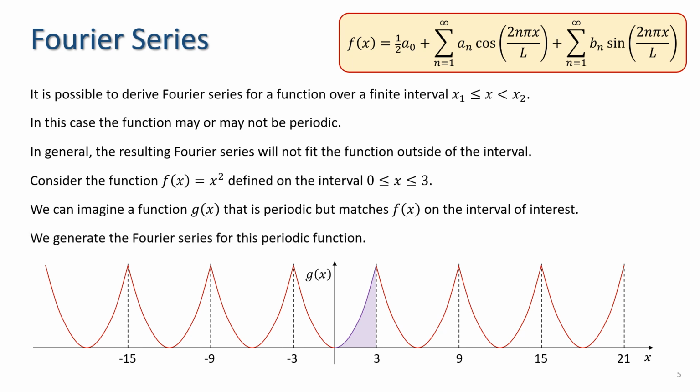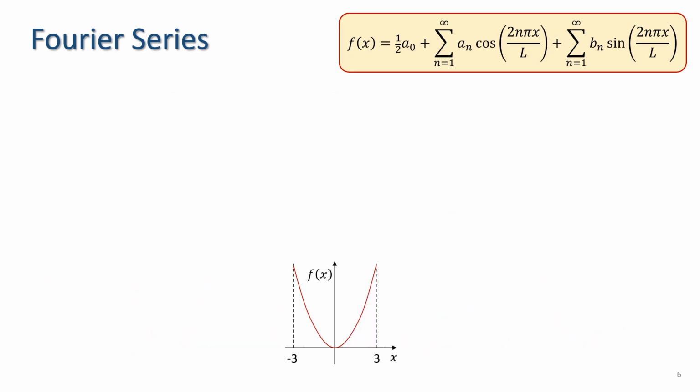We now generate the Fourier series for the periodic function g of x. First, we need to generate the Fourier coefficients an and bn, using an interval of length 6, i.e. setting L equal to 6. The formula for the an coefficients is 2 over L times the integral from -L/2 to L/2 of f of x times cos 2n pi x over L with respect to x.